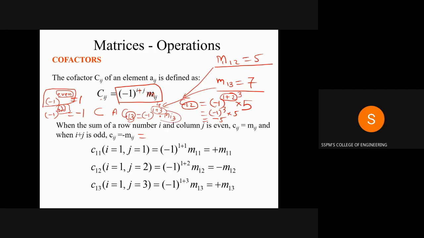Therefore only M13 will be enough. M13 is 7, therefore C13 is equal to 7. You just have to remember: if the addition of the position is even, the same minor will be the cofactor, and if the addition is odd, the negative of the minor is the cofactor.